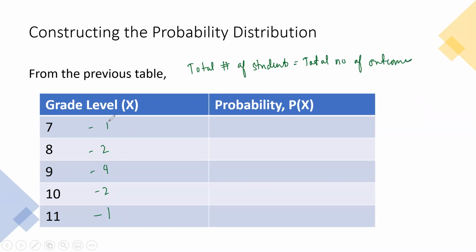So each frequency represents the desired outcome. These are the desired outcomes for each grade level. So here we're going to apply the formula of probability, or shall I say the definition? It will be 1 over 10, then 2 over 10, 4 over 10, 2 over 10, and 1 over 10.